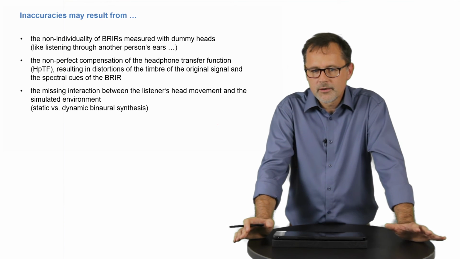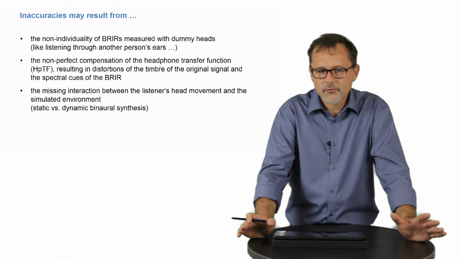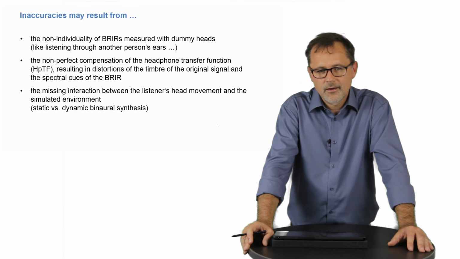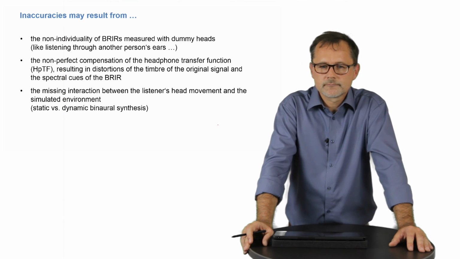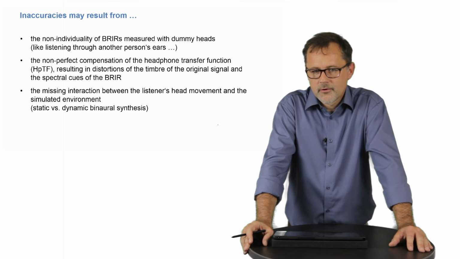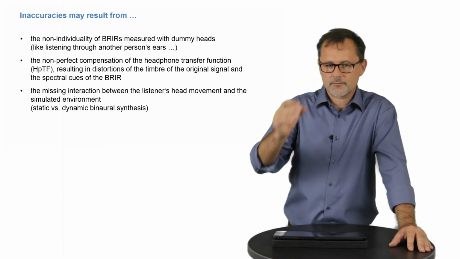Unlike in real environments, where an acoustical scene remains stable no matter how I move within that scene, the simulations we have discussed so far will move with me when I move my head with the headphones on. There is an approach to overcome this limitation, and we will discuss it in the second part of this lecture.